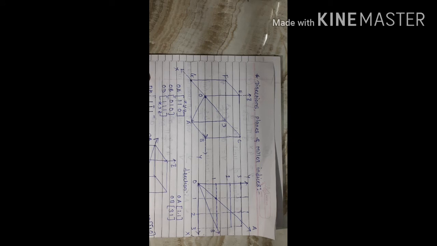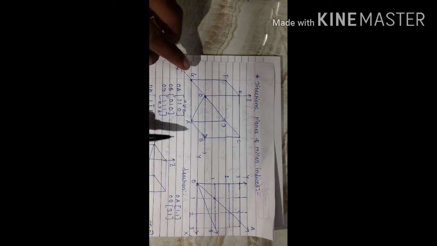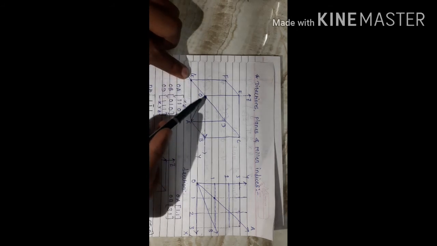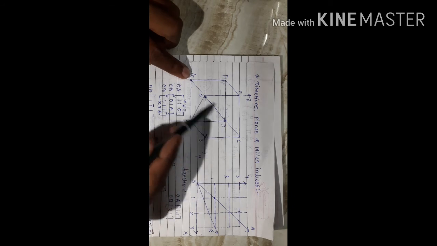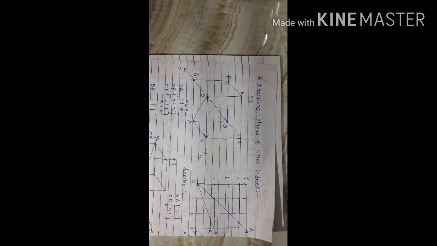Along the x-axis there is 1 unit, along the y-axis 1 unit, and along the z-axis also 1 unit. From the origin to this point, this represents the [111] direction, that is OD, the direction of this particular point D.